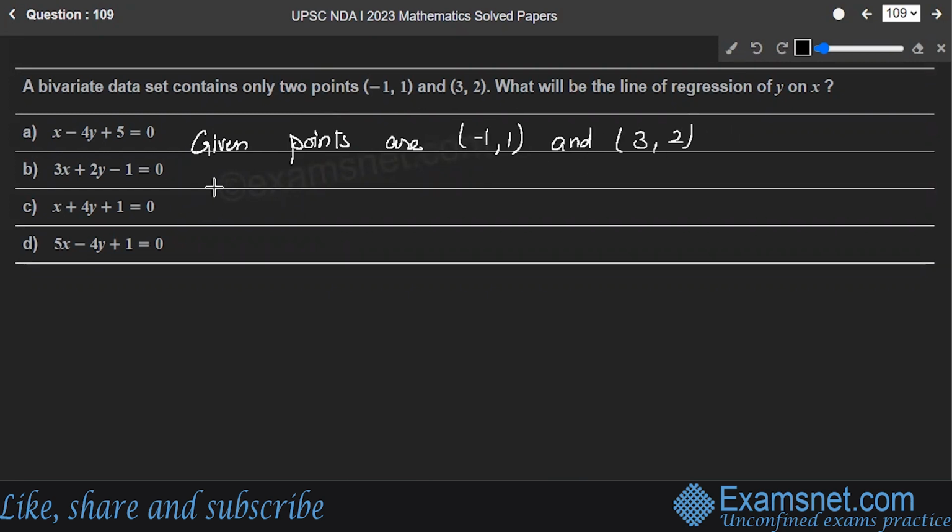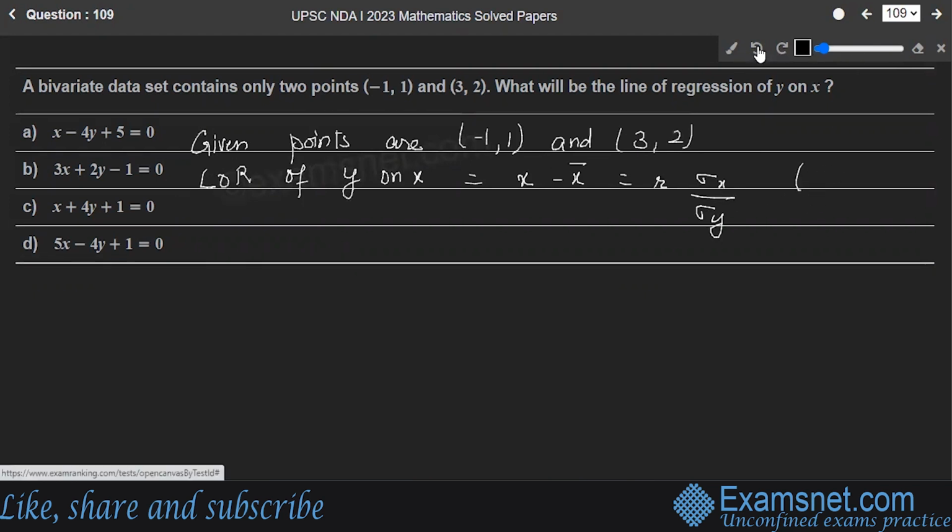The line of regression of y on x is x minus x bar is equal to r into y minus y bar.